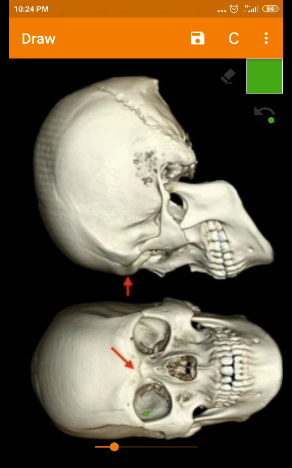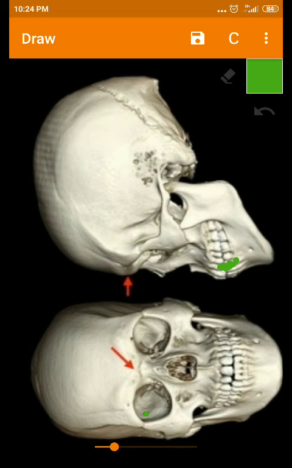When it becomes the resting position, the mandibular teeth are present 1.5 to 5 millimeters behind the maxillary teeth.